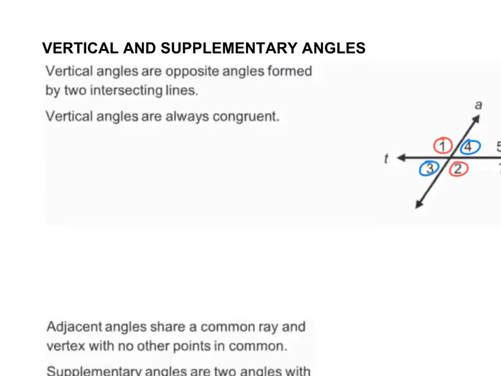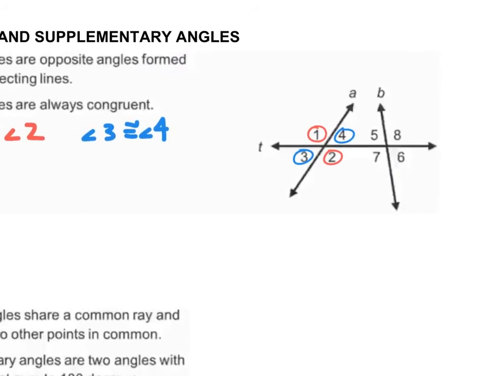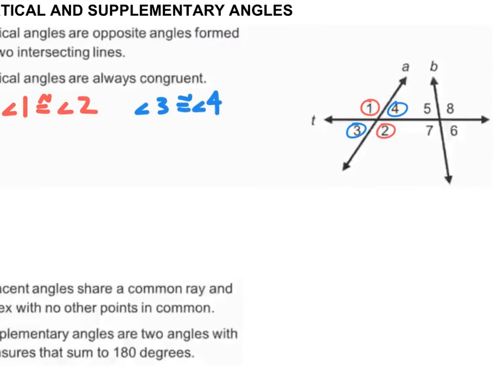The one thing that we know is that vertical angles are always congruent. So if I look at this, I would say that angle 1 is congruent to angle 2, and I would also say that angle 3 is congruent to angle 4 because they are vertical angles. This is going to be true for any pair of intersecting lines. Now, the same thing would happen with 5, 6, 7, and 8.